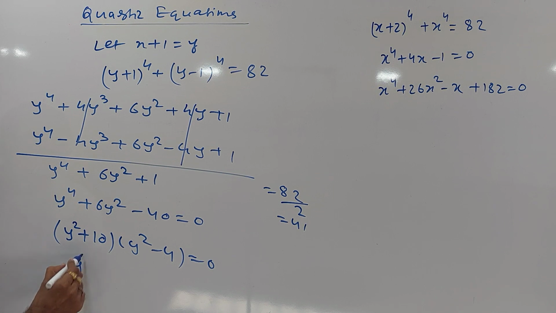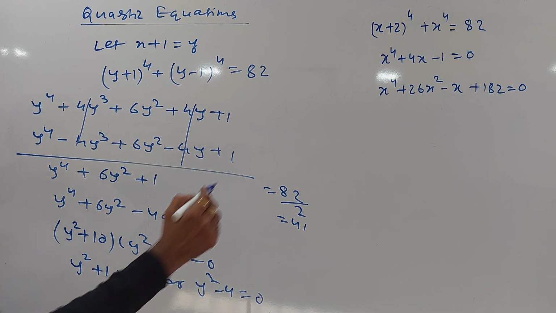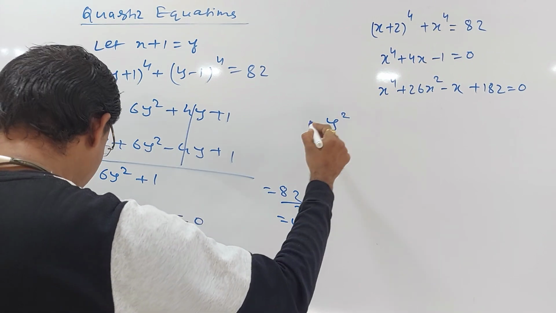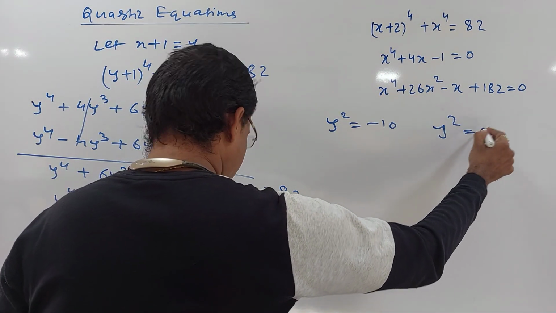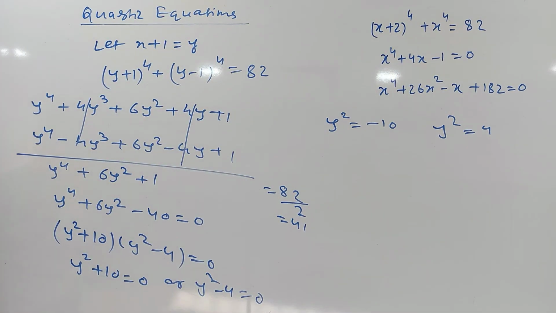Fine. So either y square plus 10 is equal to 0, or y square minus 4 is equal to 0. That gives me y square is equal to minus 10, or y square is equal to 4.